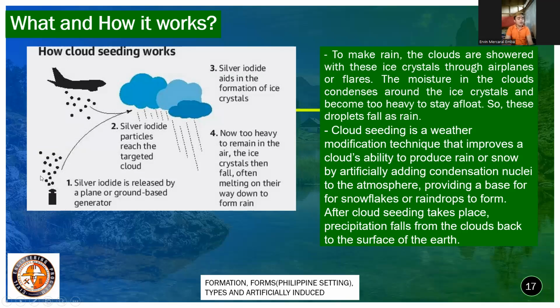As I said earlier, when the plane releases the chemicals in the atmosphere, these chemicals will get the water vapor within the area and put it into one place, and that water vapor will turn into a cloud, right?